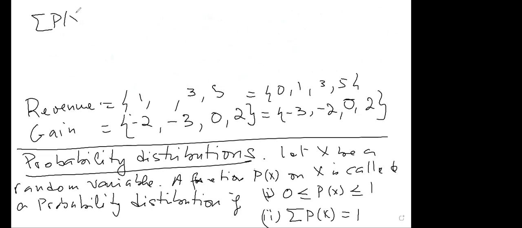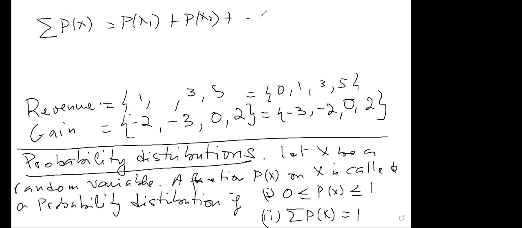The sum of the probabilities is: probability for the first value plus probability for the second, plus and so on, is equal to 1. So the random variables that I have given you so far are finite random variables.